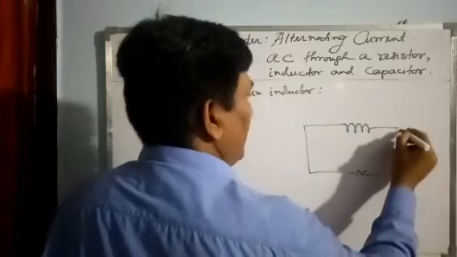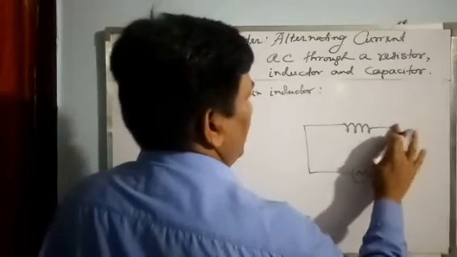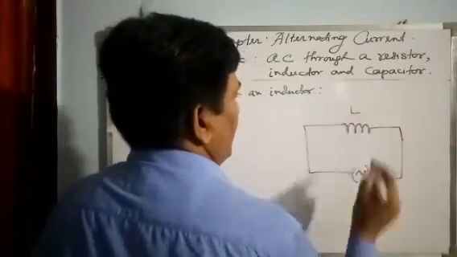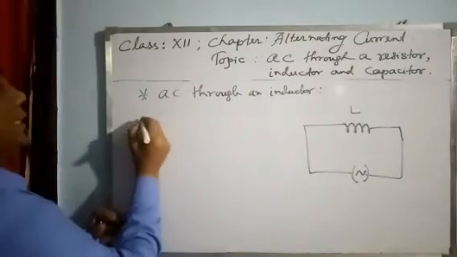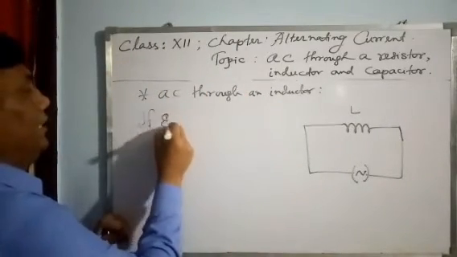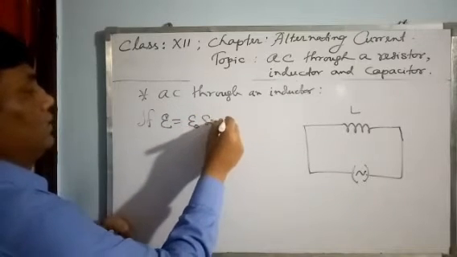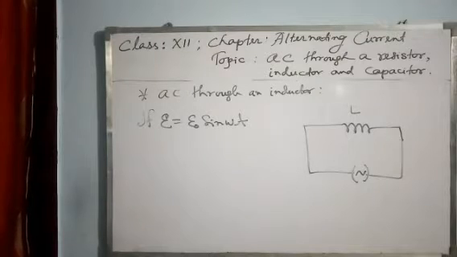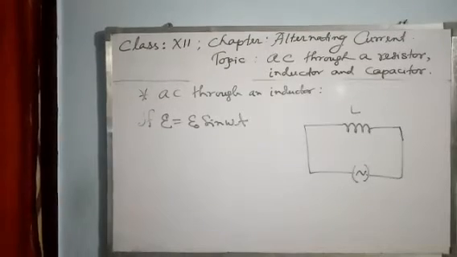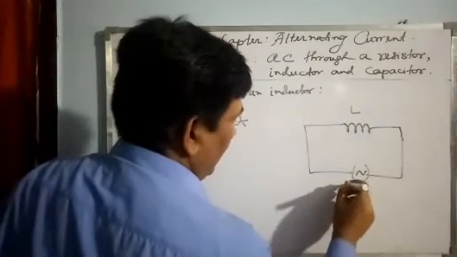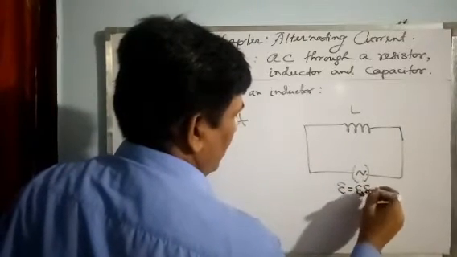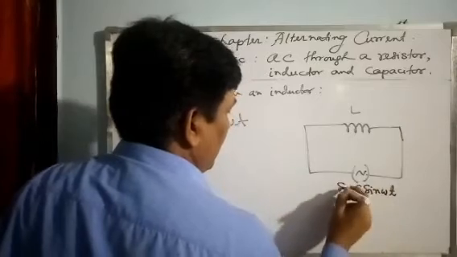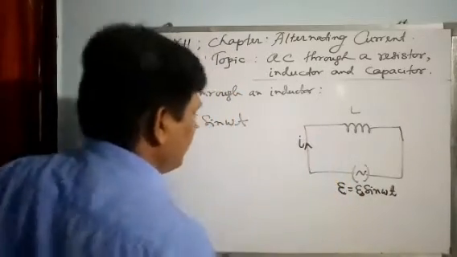That is a little bit hypothetical, but we are assuming that the resistance of the circuit is 0. Say the source voltage is given as E equals E naught sin omega t. Then what will be the corresponding current?